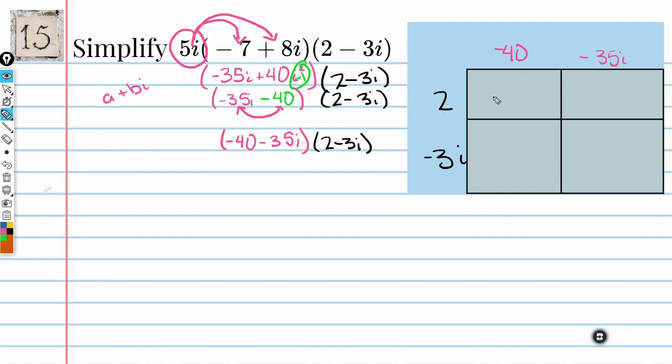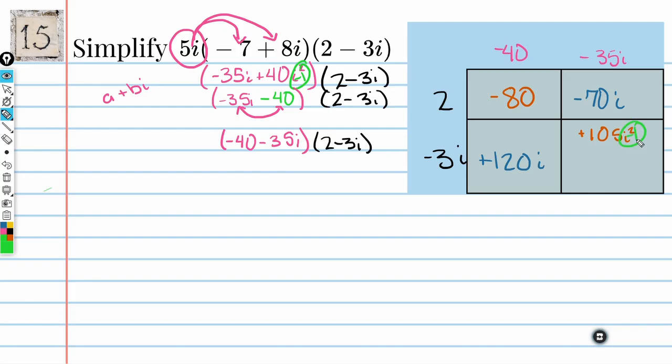So 2 times negative 40 is negative 80. Negative 40 times a negative 3i is a positive 120i. 2 times a negative 35i is a negative 70i. Negative 3i times a negative 35i is a positive 105i squared.